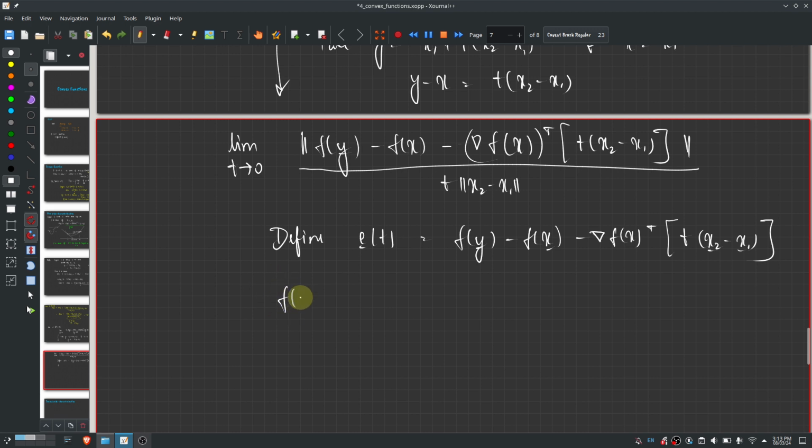So I can write f of y minus f of x divided by t to be equal to e of t divided by t plus gradient of f of x transpose x2 minus x1.